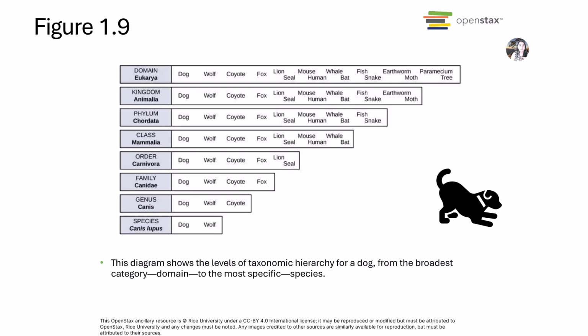So it would be within the domain Eukarya. Then from there you could say, okay, what do these cells do? How do they get their energy? What are their characteristics? Okay, we could place them in kingdom Animalia. And then these are all the other things that live within kingdom Animalia.